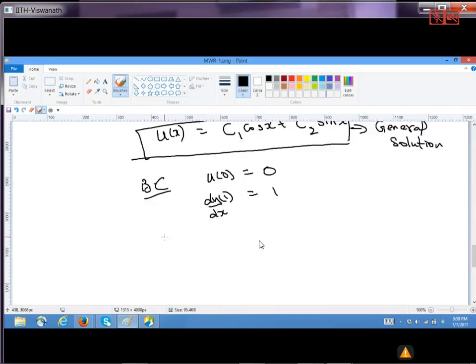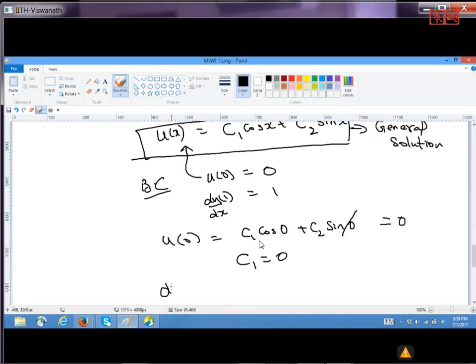So u of 0 is equal to c1 cos 0 plus c2 sin 0, and this is equal to 0, but sin 0 is always 0. So c1 into cos 0, which is 1, means c1 is equal to 0.